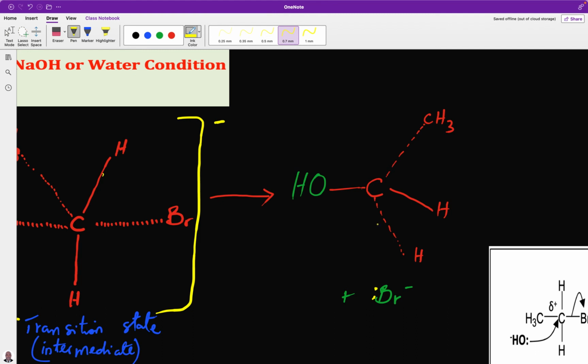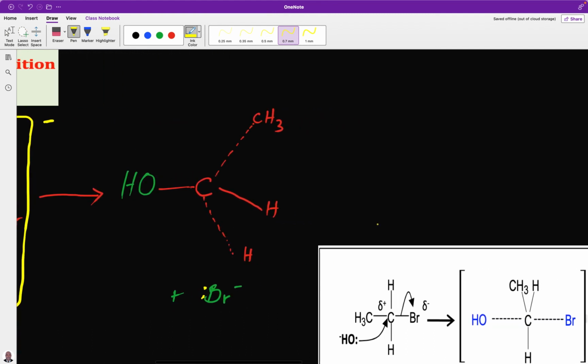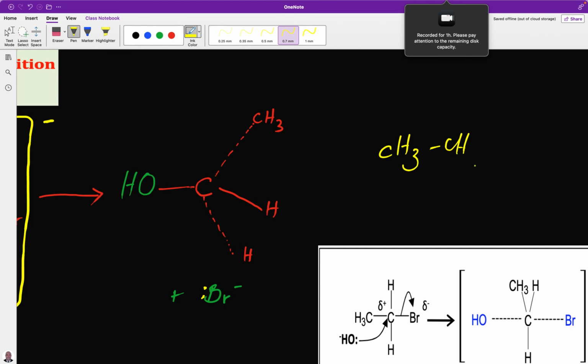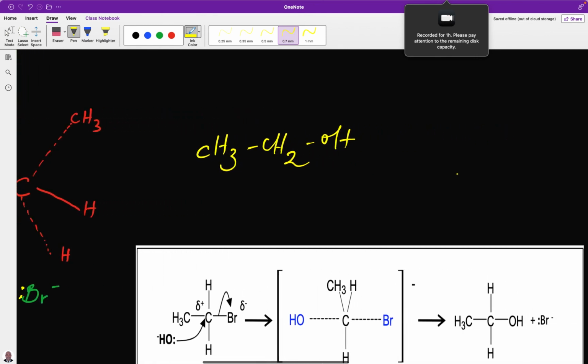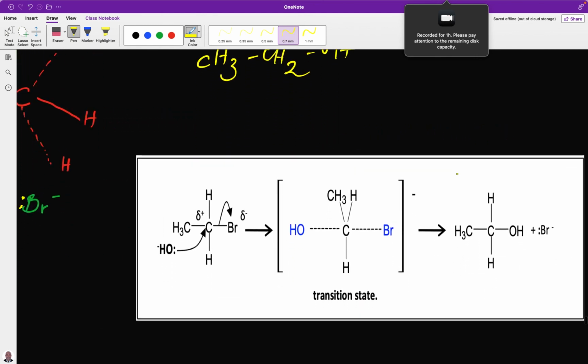This compound, CH3CH2OH, results, and the compound can be represented in this way. Examiners would like to put it in this way.